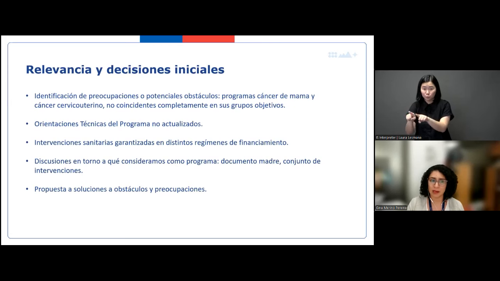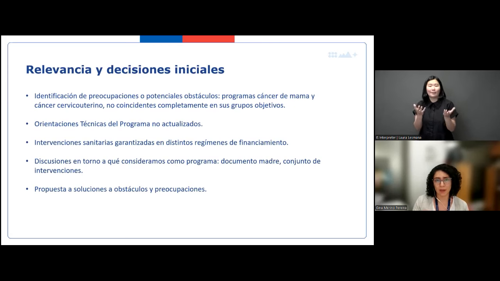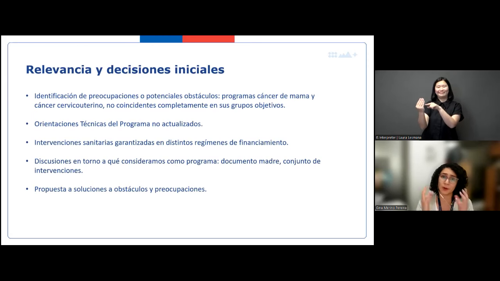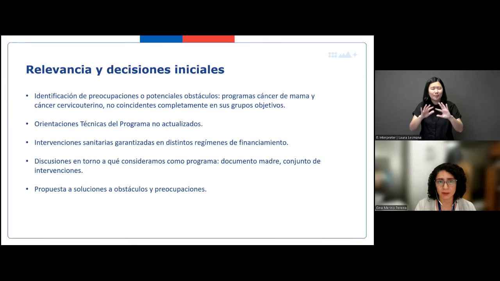And we wanted to learn what are the main concerns that we have in redesigning both programs, taking into account that these are programs that do not have exactly the same population. We also had other limitations. The other limitations was to redesign the technical guidance and programs.